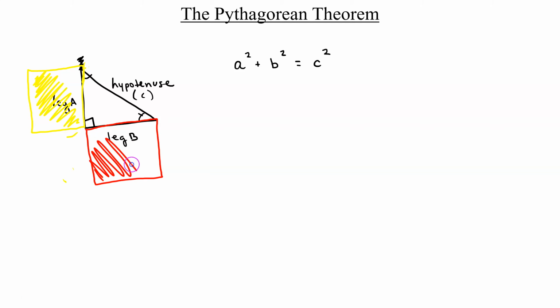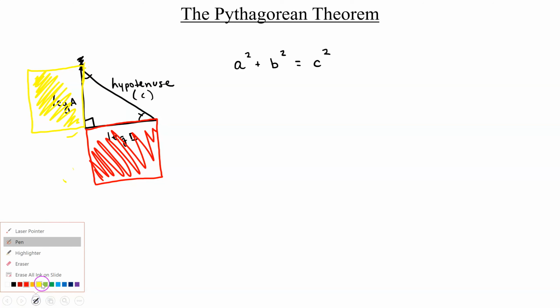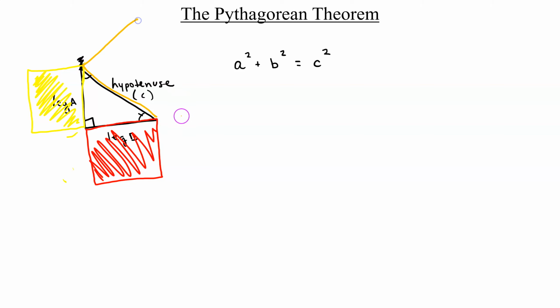And b squared is the area here. C squared is taking the length of the hypotenuse and drawing it out like this. And getting this area here.